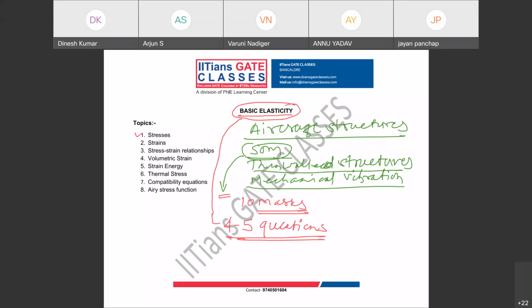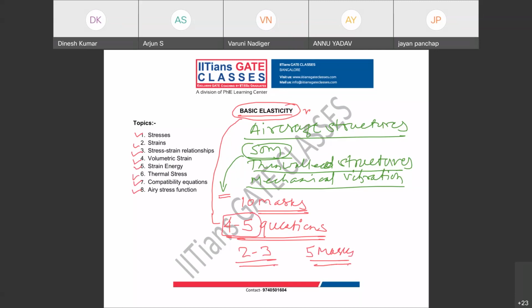Then we have strains, stress strain relationship, volumetric strain, strain energy, thermal stresses, compatibility equations, and Airy stress function. Among these 8 topics, on the higher side there are 4 to 5 problems, and usually 2 to 3 questions are always asked from basic elasticity. So at least a minimum of around 5 marks is the weightage for this.